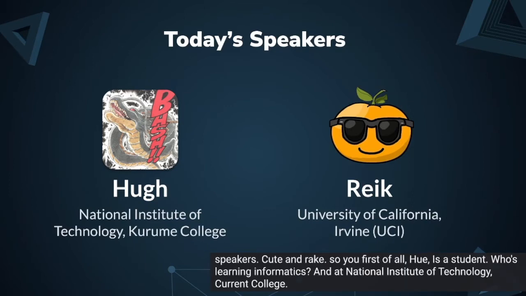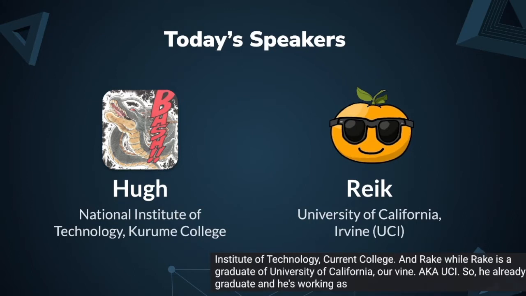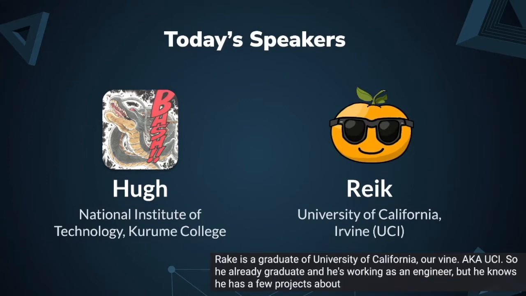And Reik is a graduate of University of California, Irvine, aka UCI. So he's already graduated and he's working as an engineer, and he has a few projects, maybe multiple projects of C. So I called him today.